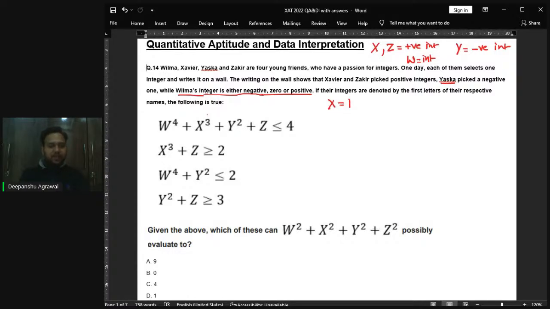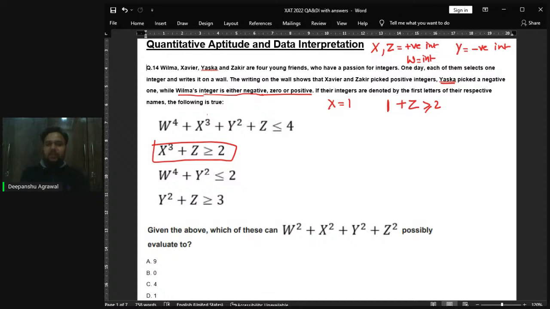Correct? I hope this is gettable. Now, if the value of x is 1, put this into the second equation. Just put the value of x as 1, plus 1 cube will be 1 only. 1 plus z has to be greater than or equal to 2.